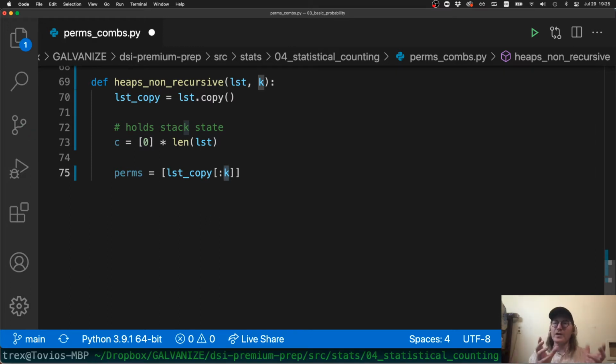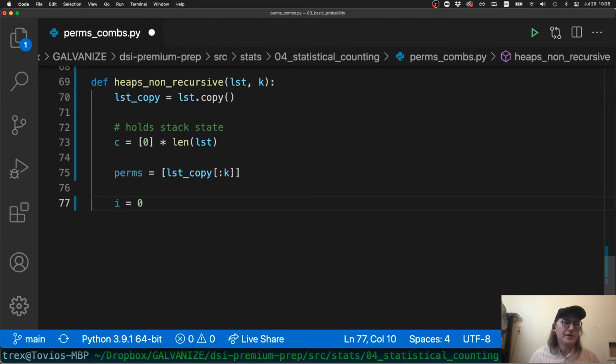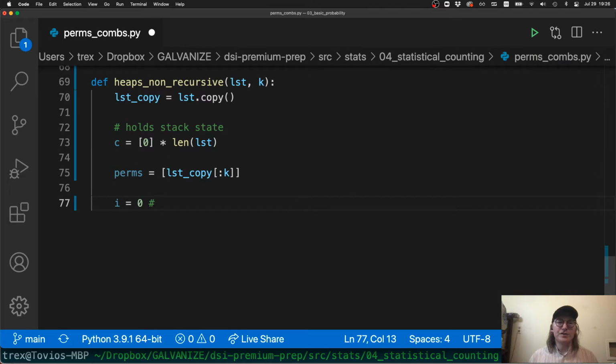If there's 5 items and we're only selecting, and we set k to 3, we only want to arrange 3 of them, then this will only collect the first 3. But I'm putting those in the list into permutations. I'm just getting the first one out first. And we're going to use perms here to collect our permutations. Okay, so here's where it gets a little wild. This is our stack state. This is our state, the thing that we're using to keep a record. And here's the pointer that we're going to use. So this acts like a pointer to C.